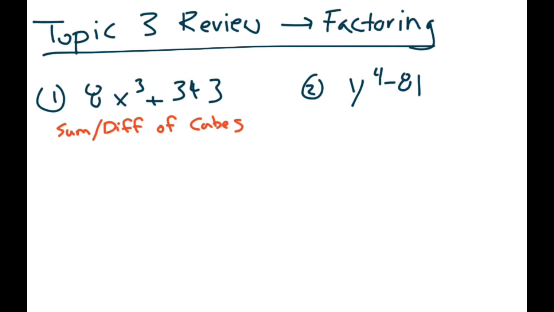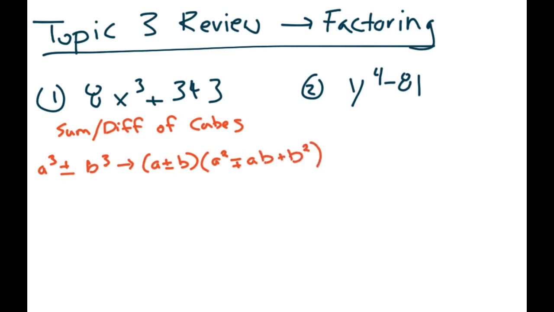So our formula for this, remember, is when we are adding or subtracting two perfect cubes, this factors into a plus or minus b, times a squared minus or plus ab plus b squared. We also referred to this as SOAP to talk about our signs. Same sign, opposite sign, always positive.